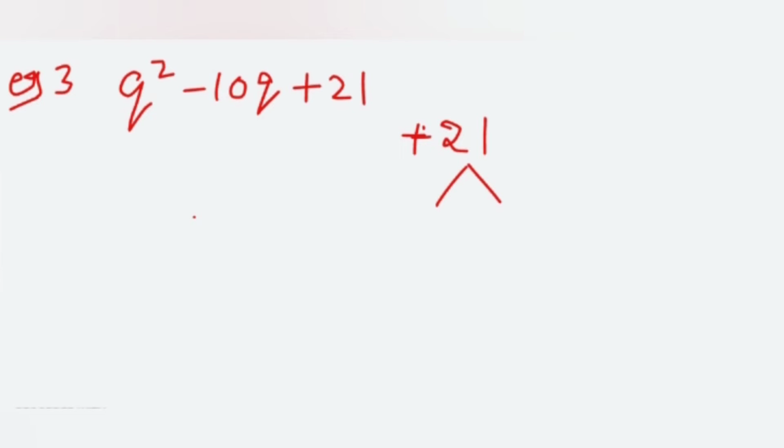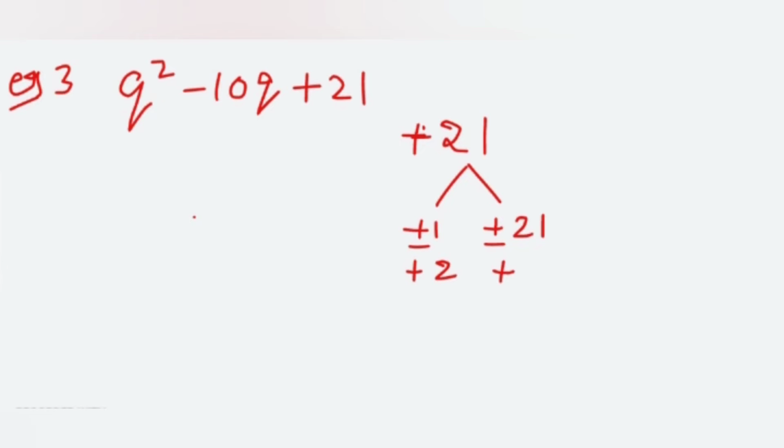So let us try the factors of 21 now. Plus 1 into plus 21, or it may be minus 1 into minus 21 also. Otherwise, if you add, you are not getting minus 10. So let us take one more type of factors for this.